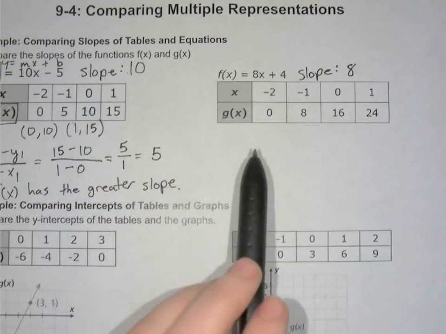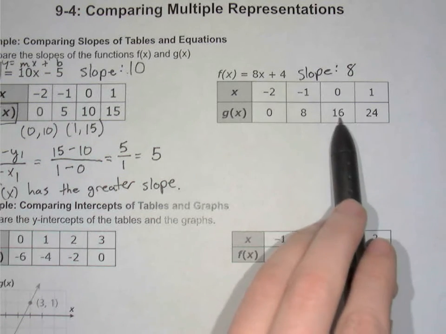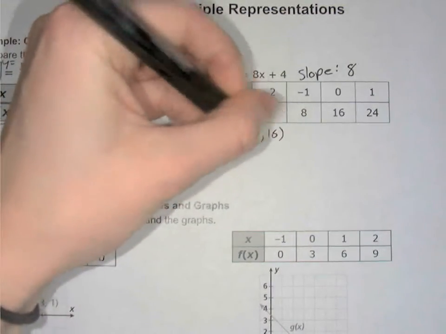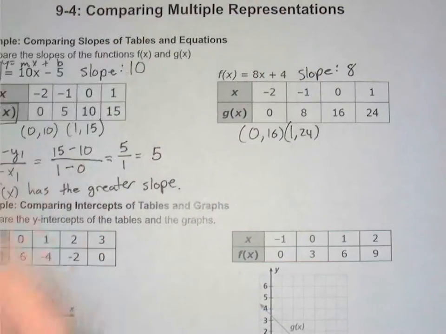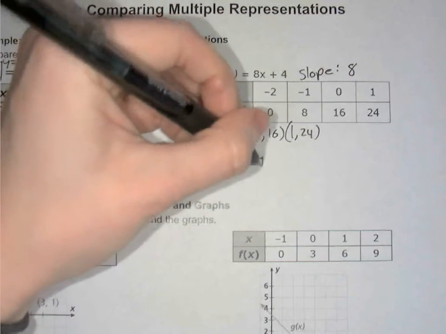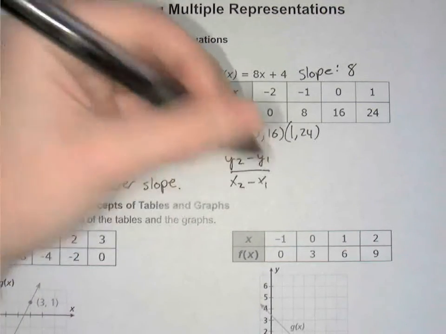To find the slope of our table, again, we need to use our slope formula. So I'll pick 2 points. I'll pick 2 points that are positive, so maybe (0, 16) and (1, 24). And we're going to use y2 minus y1 over x2 minus x1.